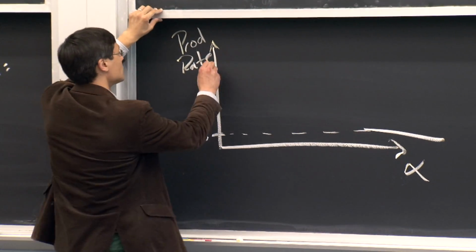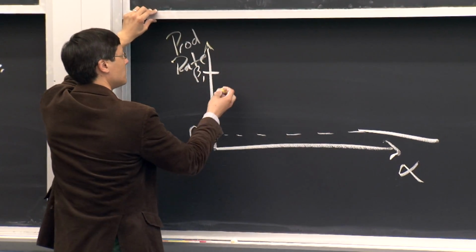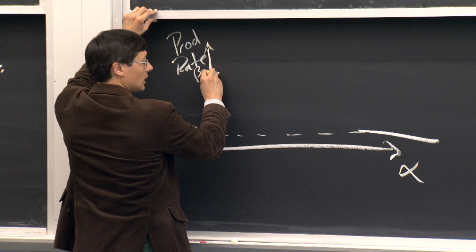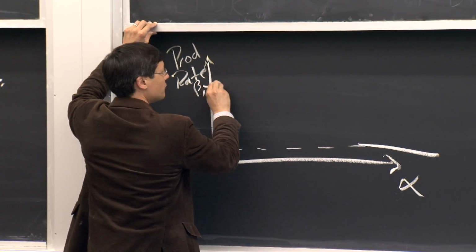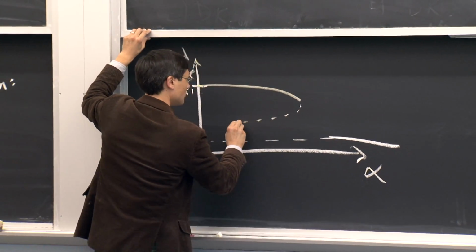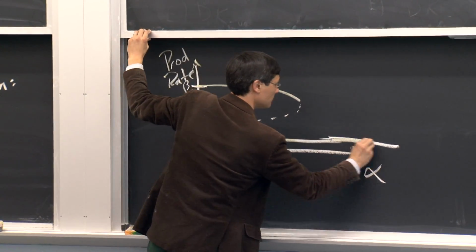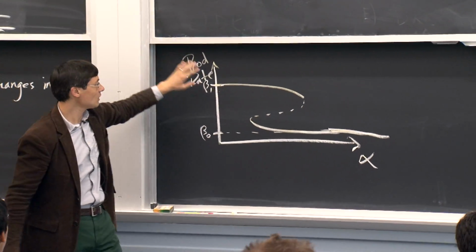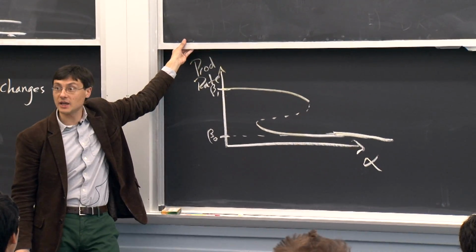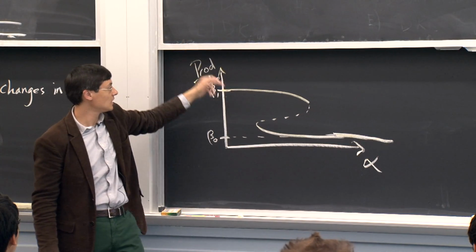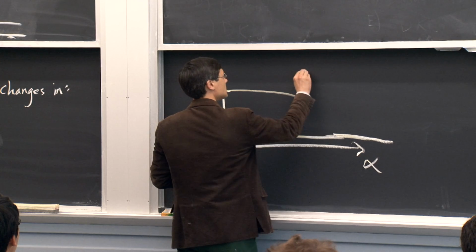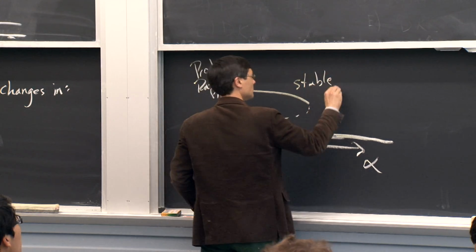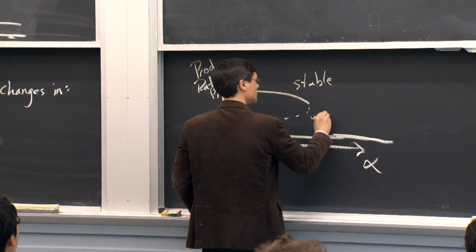Right, there's only one stable point up here at small alpha. What we get is what's known as a fold bifurcation, where solid lines denote stable fixed points and dashed lines represent unstable fixed points. This is stable, and the dashed is unstable.